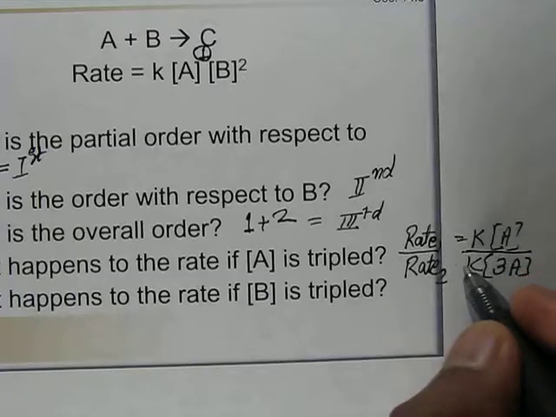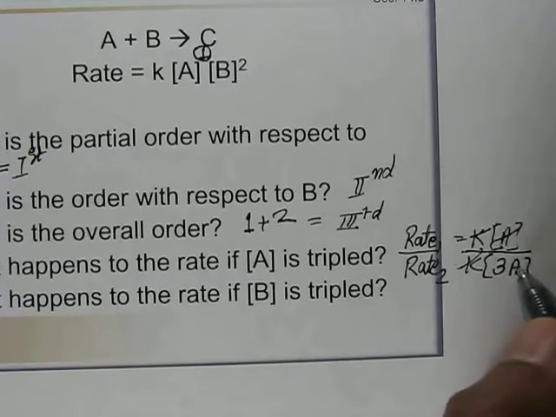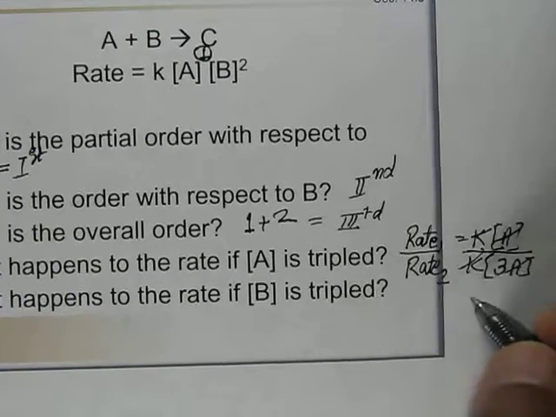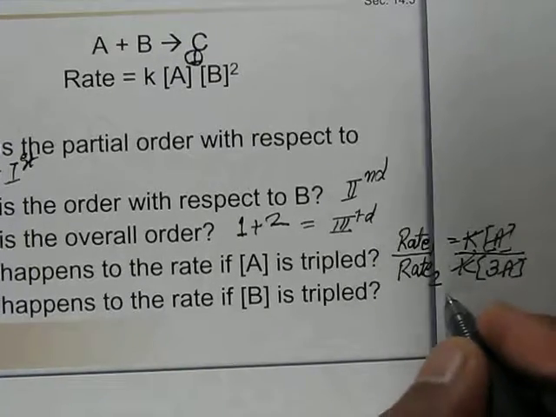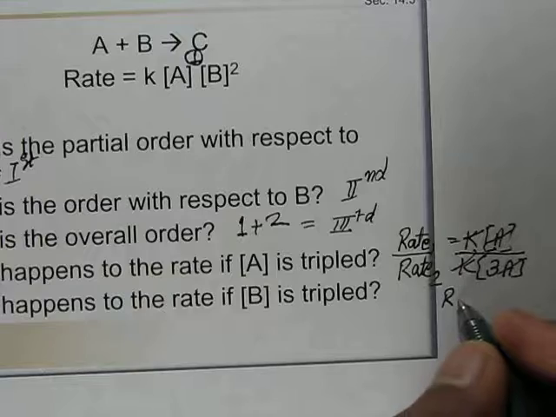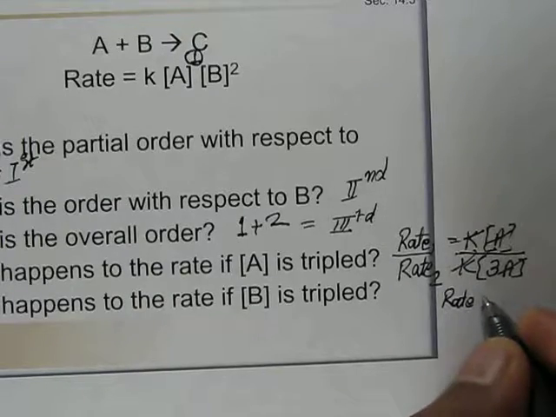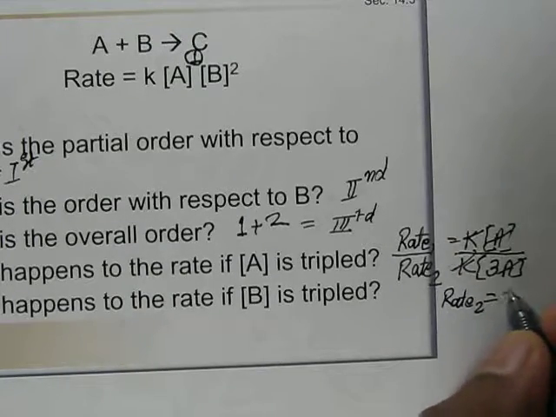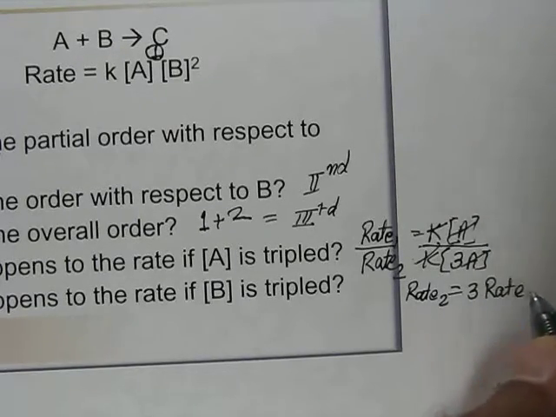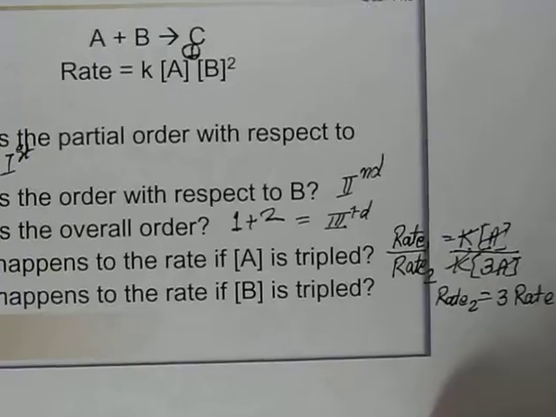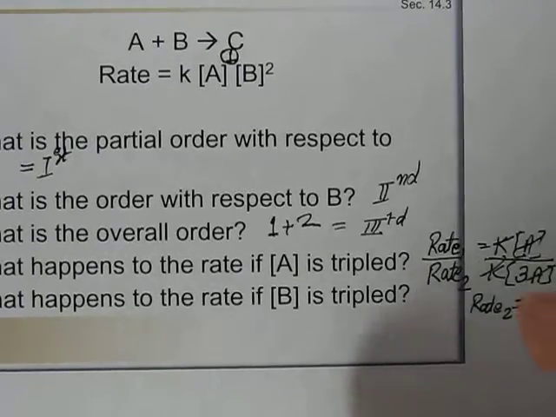So in that case k will be cancelled, A will be cancelled, only 3 times remains. So rate 2 will become 3 times rate 1. It will increase 3 times the initial rate.